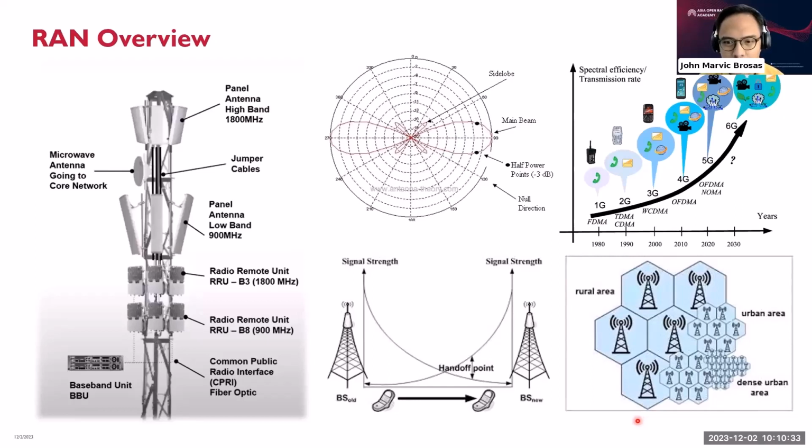And then of course with the planning part, at first when an MNO or an operator is investing into a network, it has to determine ano ba ang gusto kong iservan. Like for the Philippines, for example, clusters are being categorized in like rural area, urban area, and dense urban area. Why? Because it has something to do with how we plan the site-to-site distance or the nominal points kung saan ilalagay yung mga sites.